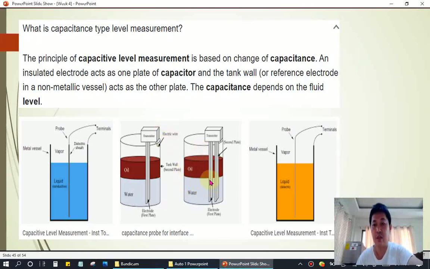Here also is the same. By the change of the capacitance, it is converted by your sensor, sent to your transmitter, and to your digital level indicator.